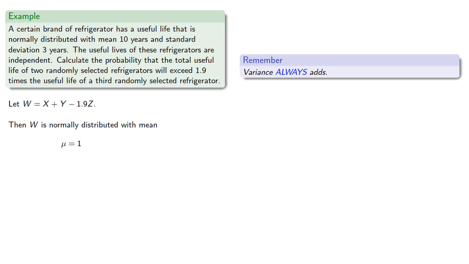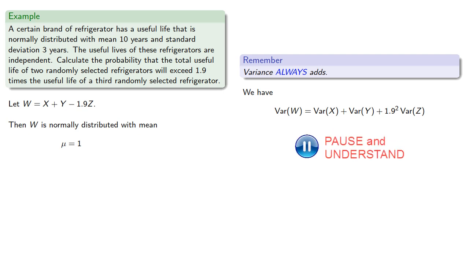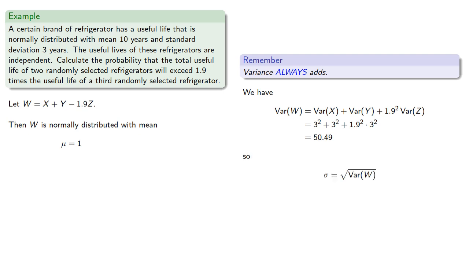So our variance will be the variance of x plus the variance of y plus 1.9 squared times the variance of z, because scalar multipliers come out as squares. And so the variance will be, and so the standard deviation will be the square root of the variance.